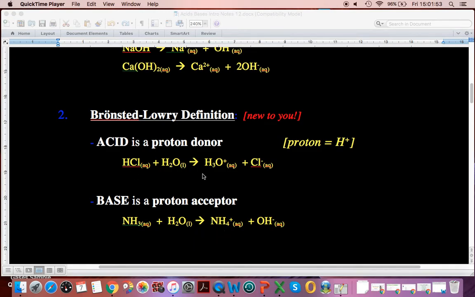So in all these reactions we have a conjugate acid and a conjugate base, and water is the conjugate base to this thing called the hydronium ion, the conjugate acid. So those are pairs. And you always end up with an acid and a base on one side and an acid and a base on the other side. Similarly, NH3 is the conjugate of NH4+, H2O is the conjugate of OH-, and here we have a base, here we have an acid, here we have an acid, here we have a base.